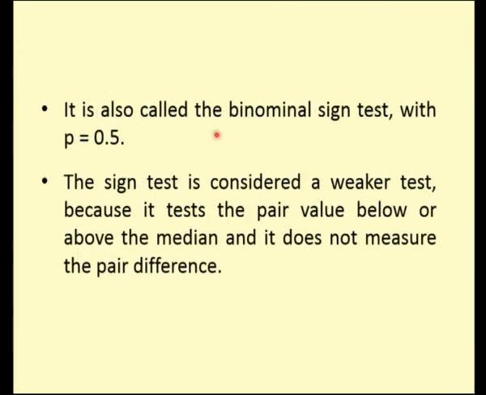It is also called a binomial sign test with probability value equal to 0.5. You know that for a binomial distribution, the probability of success and probability of failure are each half, hence p is equal to 0.5. The sign test is considered a weaker test because it tests whether the pair value is below or above the median and it does not measure the pair difference. Here, instead of the median, you can also compare with the mean or any other quantile measures.